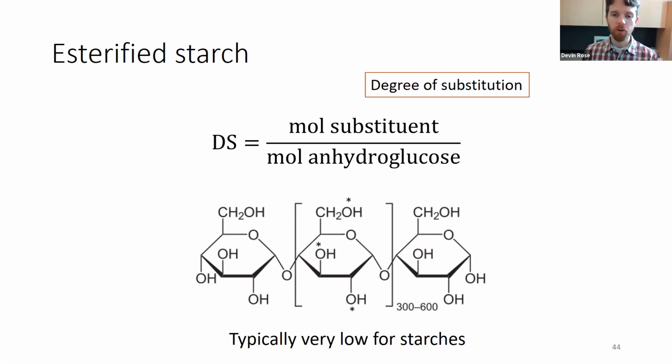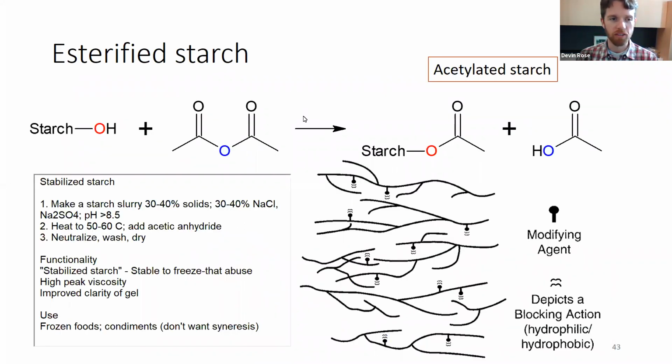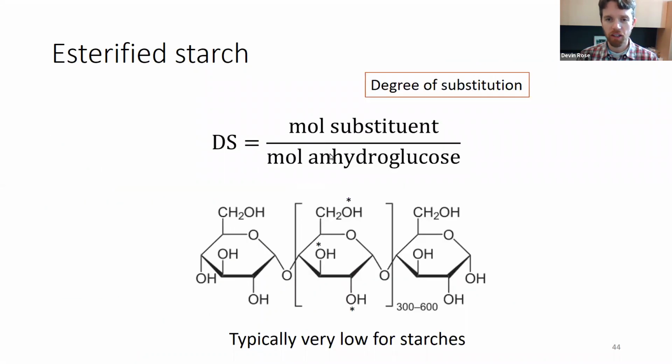So for acetylated starch, or this stabilized starch, the maximum degree of substitution that's allowed, according to the Code of Federal Regulations, is 0.09. So if you say that in an easy way, 9% of the glucose units can have an acetate group on them.